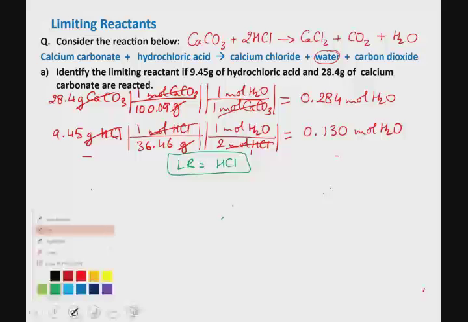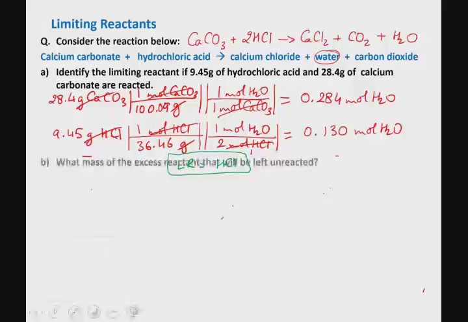Okay, now there is a second part to this question which is asking us to calculate the mass of the excess reactant that will be left unreacted. In other words, they want us to calculate the mass of excess reactant, which is calcium carbonate.